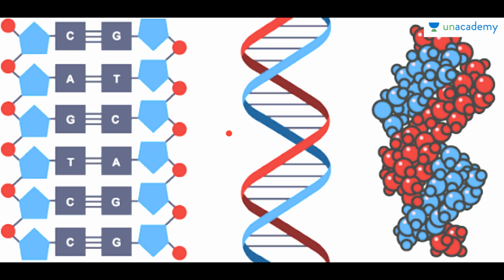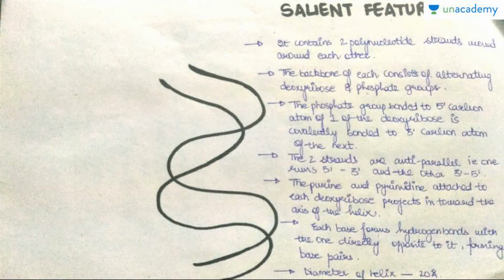Okay, moving on. We've got the salient features of DNA. These are ultra important, and many a times asked in the examination. All you've got to do is explain the structure of DNA, and that too in very precise points. I would like to make sure that this diagram is not for your reference.